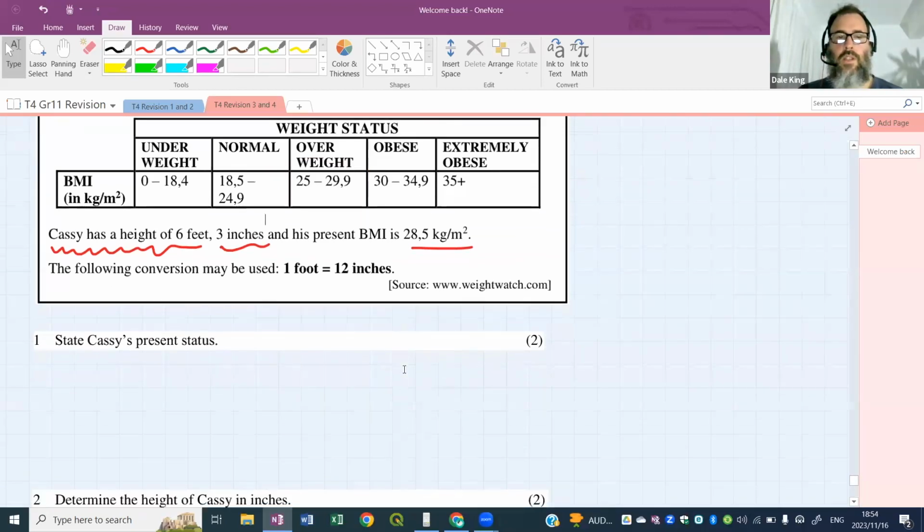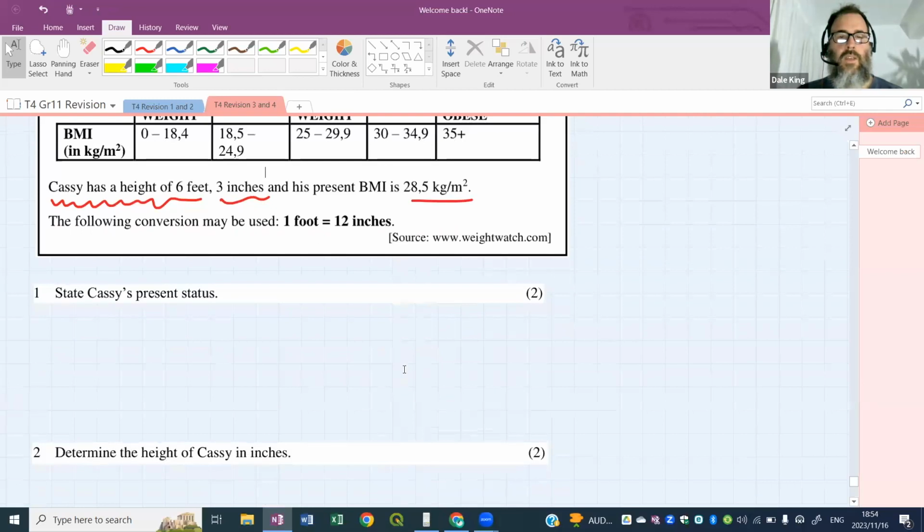Let's see this question, and this will be the last question. Determine Cassie's height in inches. All right, where's Cassie's height?